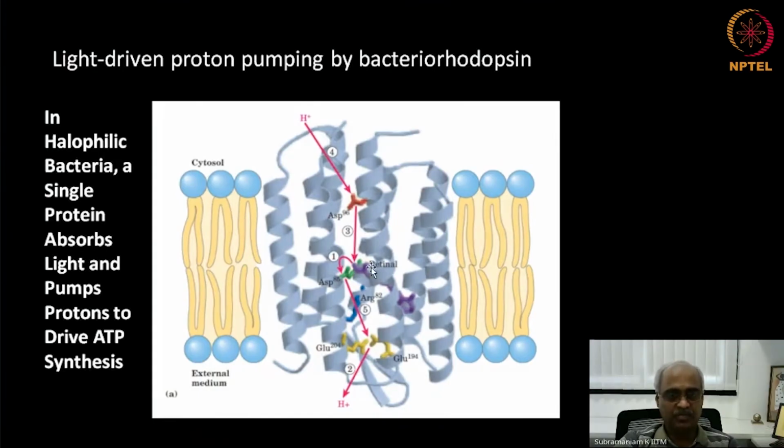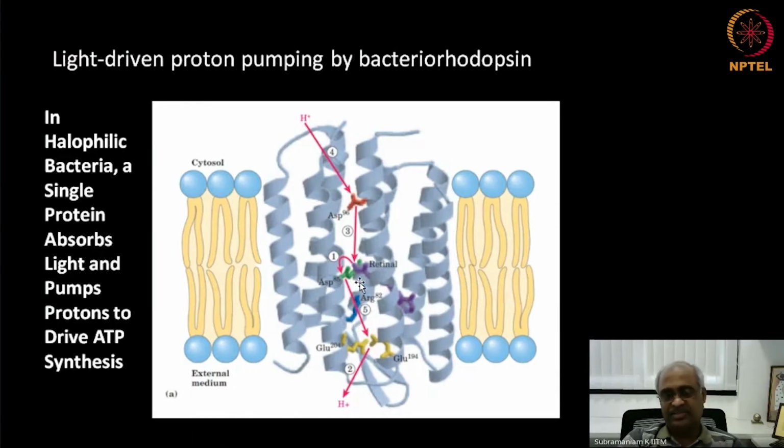Opsin, optical, so it is about the light, and this rod cell is probably where the name rhodopsin comes from. So here, very similar thing. Only thing is here there is no brain sensing and making an image.